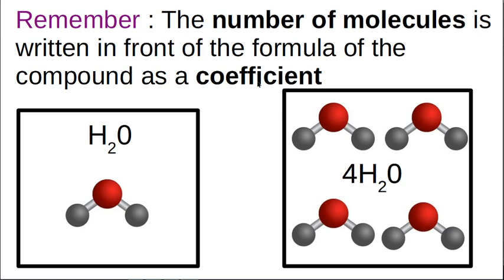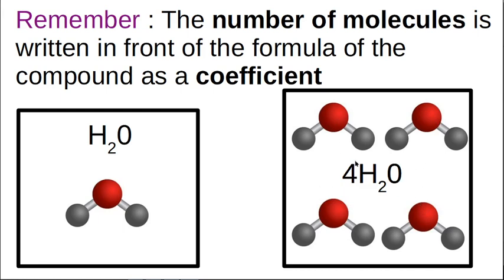This coefficient tells you how many of something you've got. So here's 1 H2O with an invisible 1. Here is 4 H2O. This is a fundamental concept, and if you get this wrong, things get very interesting later when you try to balance equations. In 1 H2O, I've got 2 hydrogens and 1 oxygen, but in 4 H2O, I've got 4 times 2 hydrogens, which is 8 hydrogens, and 4 times 1 oxygen, so 4 oxygens, okay?